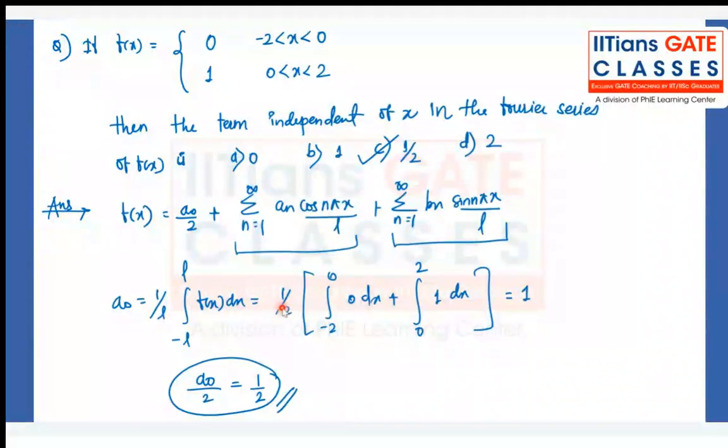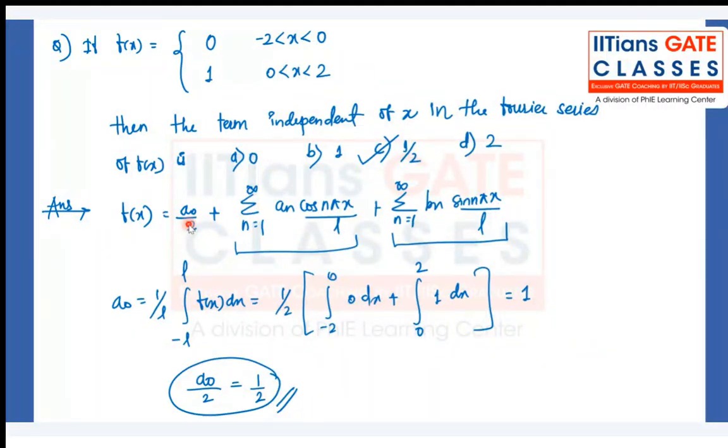And 1 upon L, which is 1 upon 2, stays outside as it is. Once you solve it, you will get the answer as 1. So your a naught is 1, a naught by 2 will be 1 by 2. Hence your answer is 1 by 2, because they are asking you the term independent of x. They are not asking you a naught, they are asking you the complete a naught by 2.